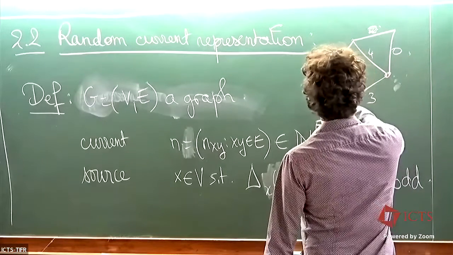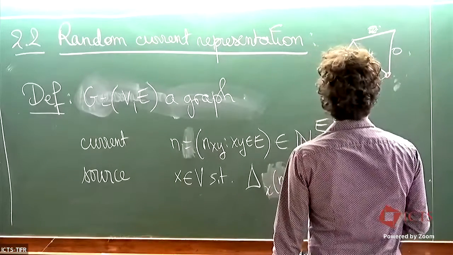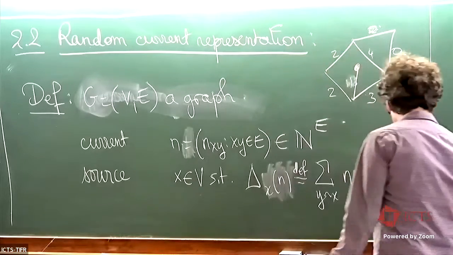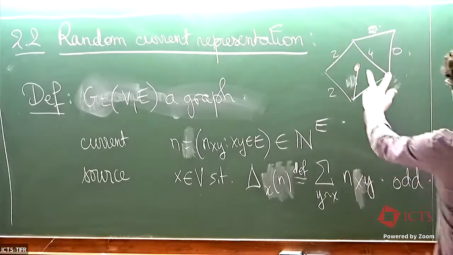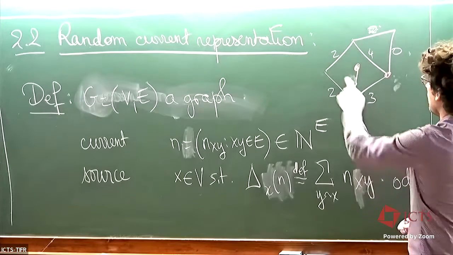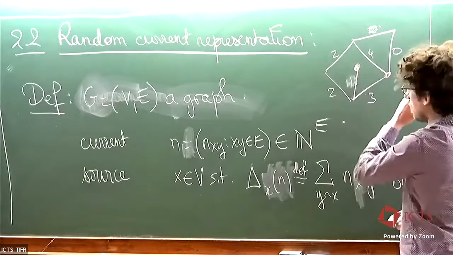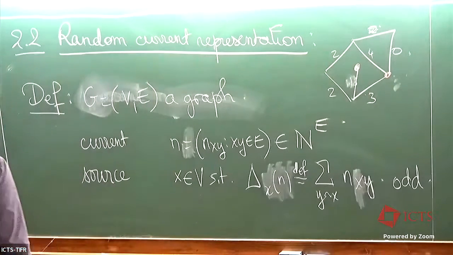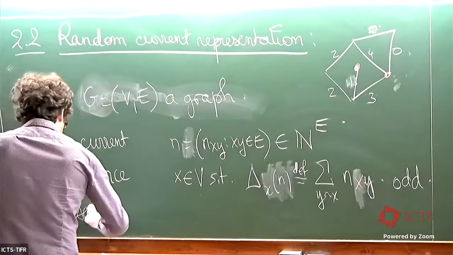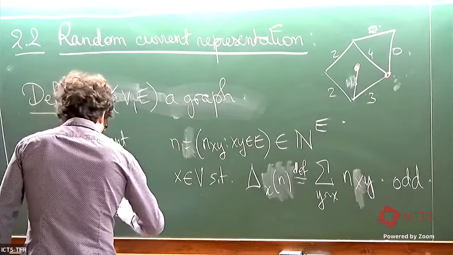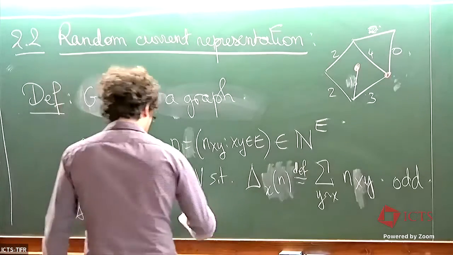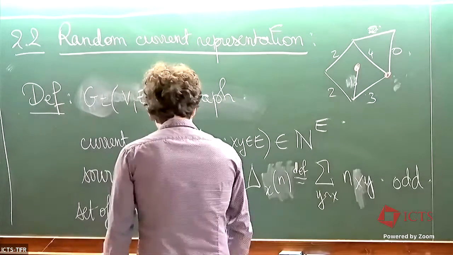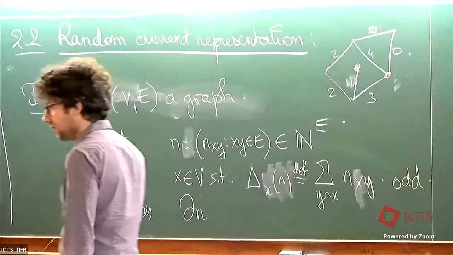Here we get 6, 4. So these two points are the sources. Every other vertex has an even number when I sum the currents. And the set of sources, I'm going to give it a name, since it's going to be useful. I'm going to denote it delta n.